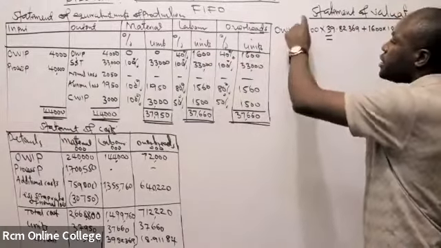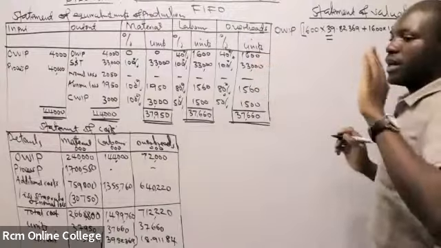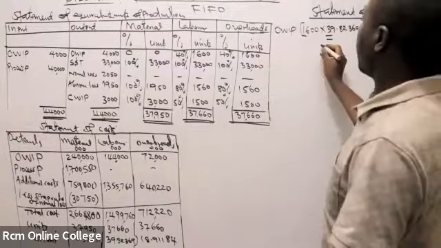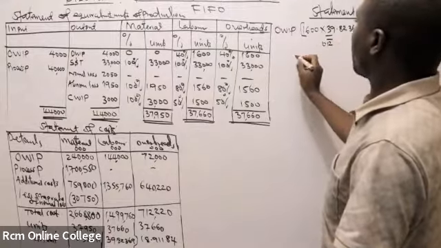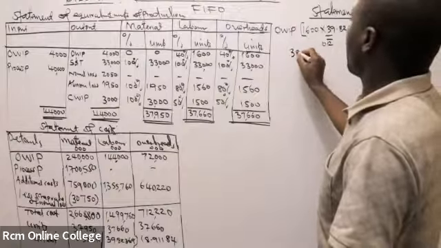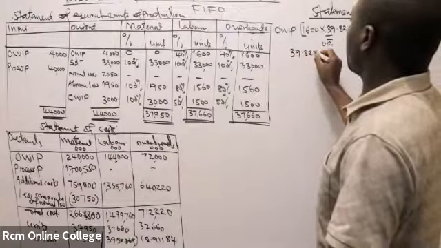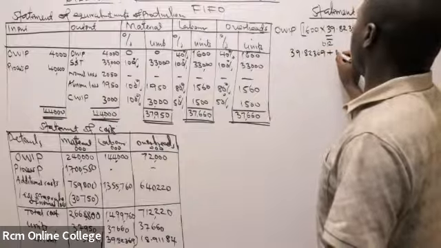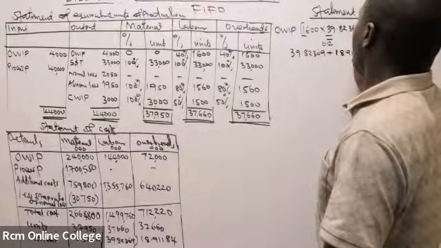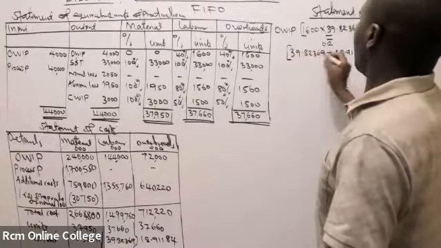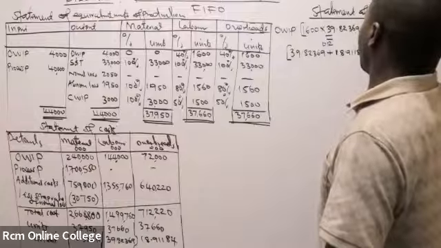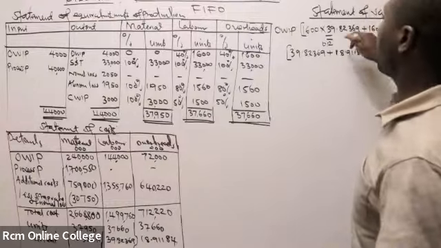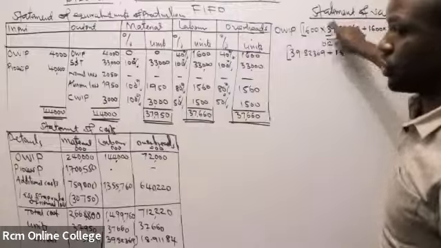Instead of this approach, it becomes easier to just take 39.82369 plus 18.91184. Once you add the cost per unit, you now multiply by 1600. I expect you to have the same answer as under the first approach.